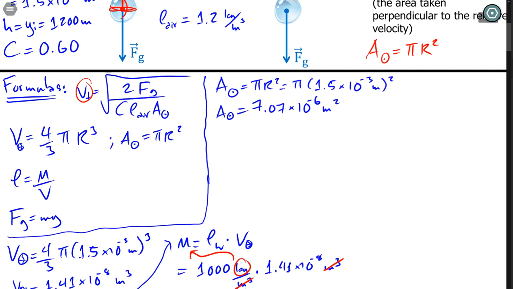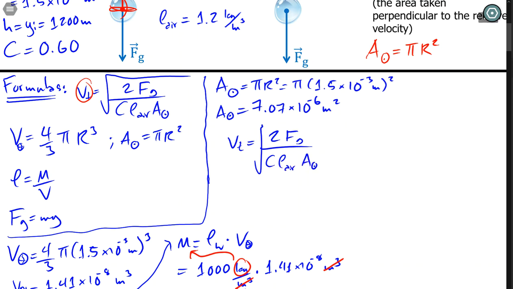Okay, so now I am all ready to use the terminal velocity formula. Okay, and just for redundancy, I'm going to write it all again. This is air density, and this is the cross-sectional area.